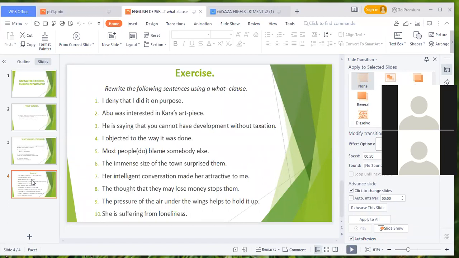All right. Number 7, her intelligent conversation made her attractive to me. Okay, we can have Namuli Nicole. What made her.